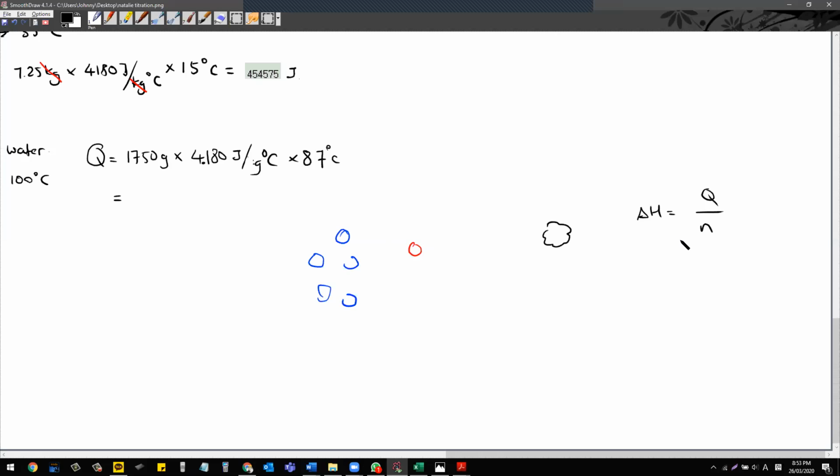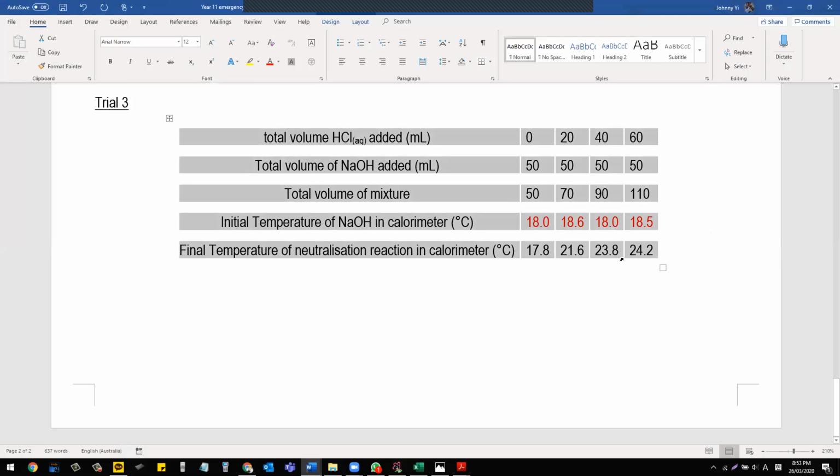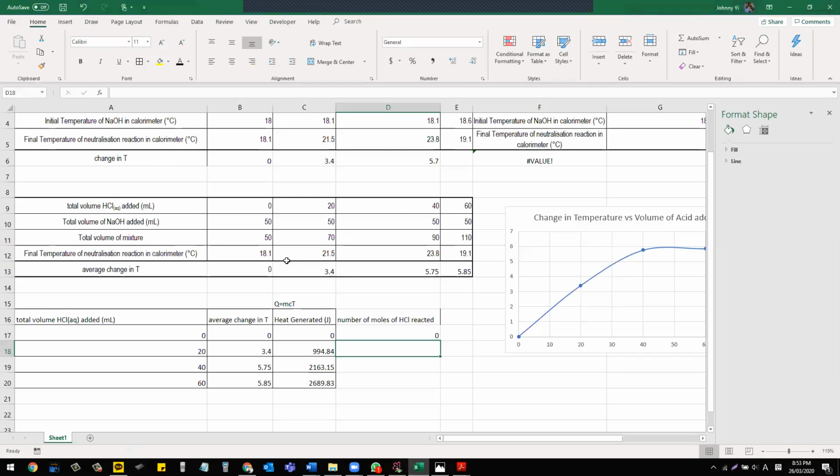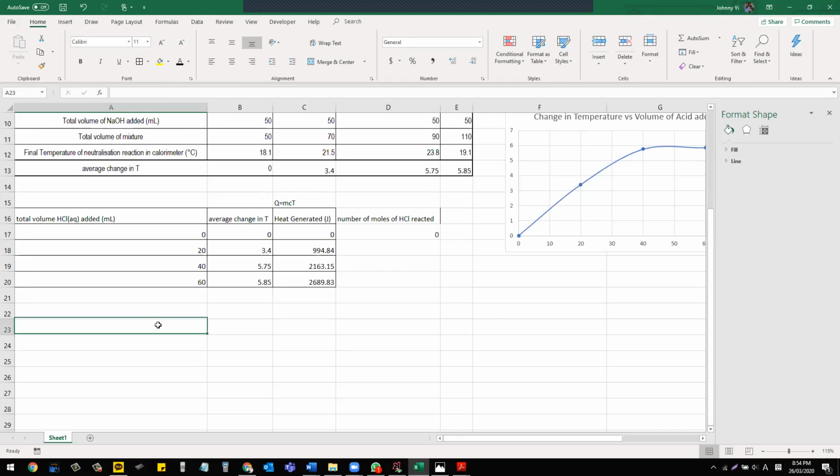So in this case, because we're adding acid, I think it's better to base the number of moles on the amount of acid that's added, right? So we know that from here, number of moles of, let's hold on. So 20 mil is added, but n equals CV, right?